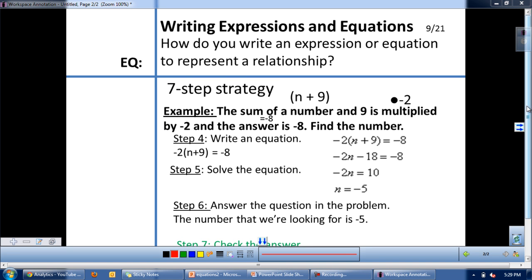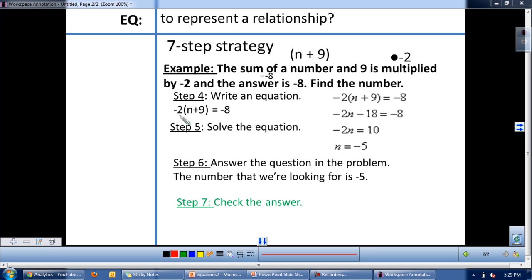We need to copy down our original equation, which is -2 times the quantity of n plus 9 equals -8. We are going to replace n with -5. We have -2 times the quantity of -5 plus 9.